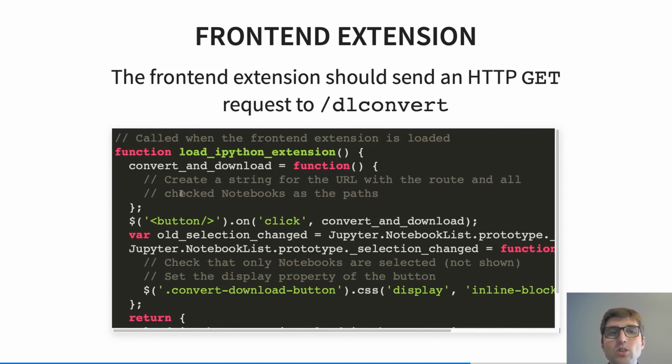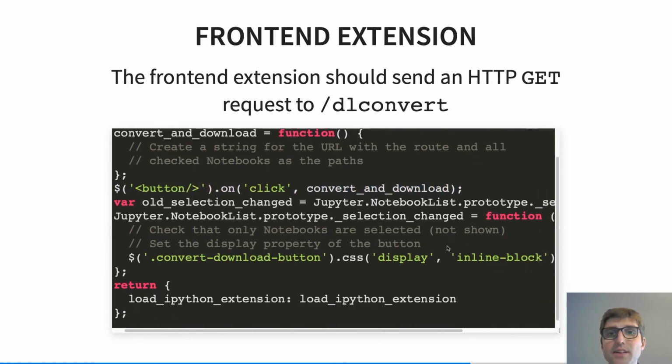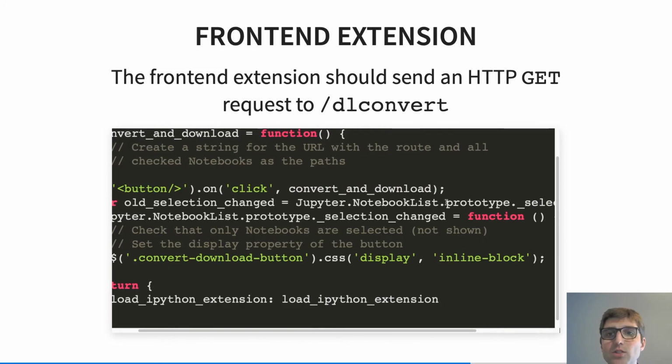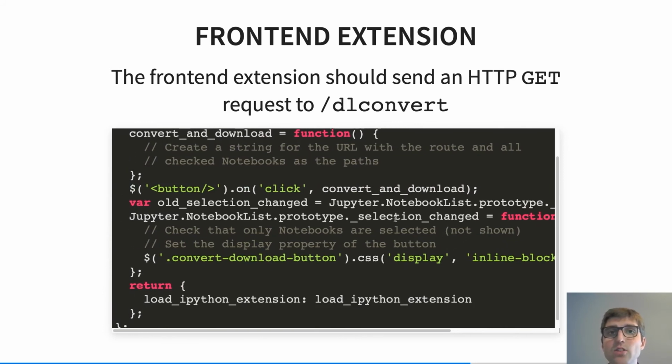Here this function is defined so that it creates the URL that we're interested in with the dlconvert route and all of the paths that we need. Then we use some jQuery to create a button that people can click to download the notebooks. Finally, we monkey patch the selection changed function to override the behavior when a user clicks the checkboxes for the notebook, to be able to change the CSS style to display the button.